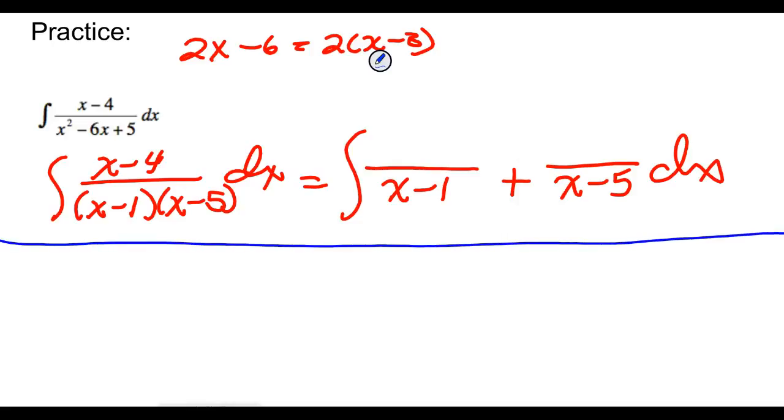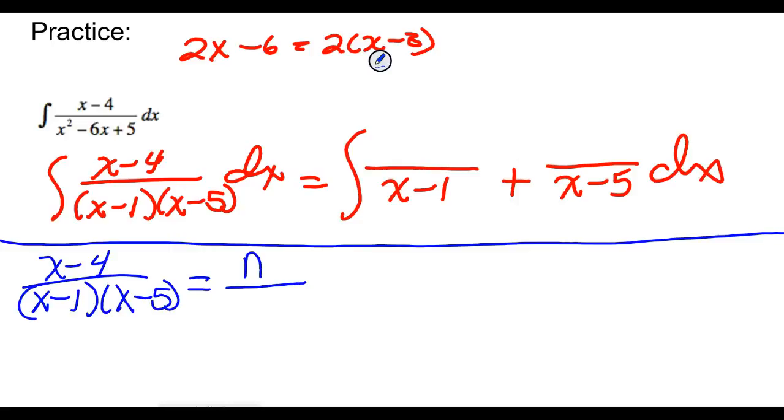That's my answer. If I had to guess right now, I'd guess something that had ln of x minus 1 in it and ln of x minus 5 in it. But let's go break it apart. So we've got x minus 4 over x minus 1 times x minus 5. I'm going to uncrisscross applesauce.